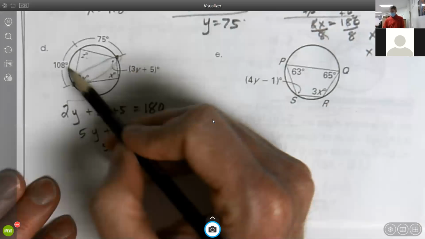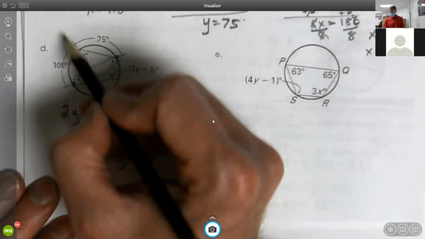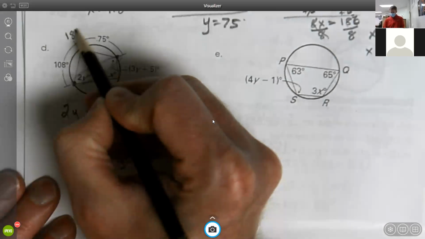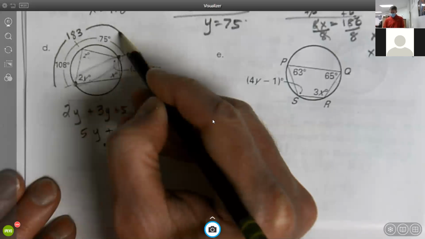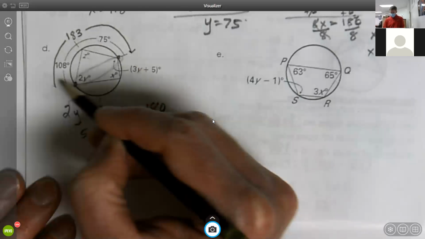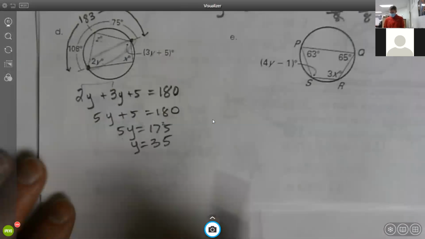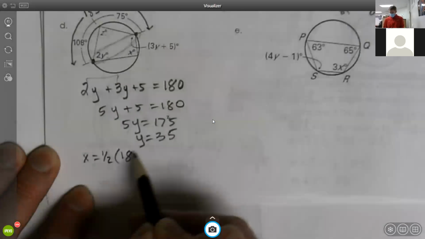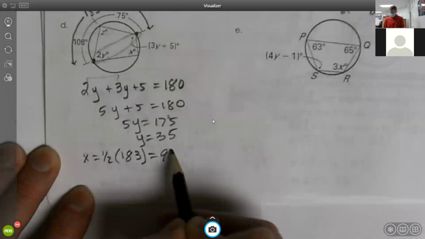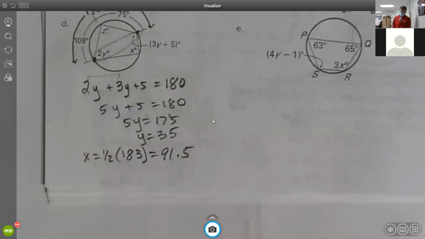So that looks like 183. So if we know that X is going to be half of 183, that's going to be 91.5. So X is 91.5.